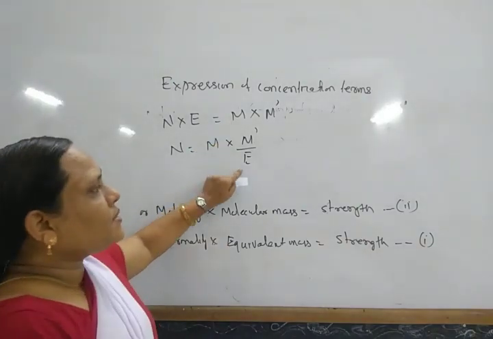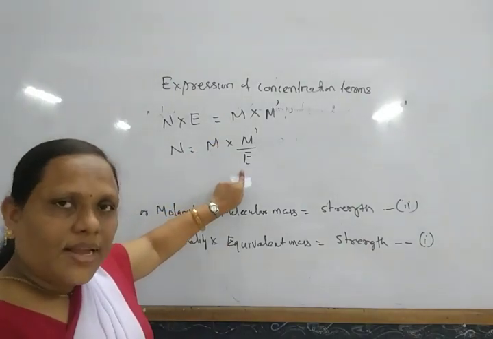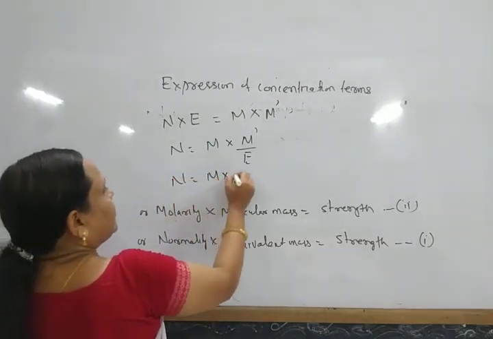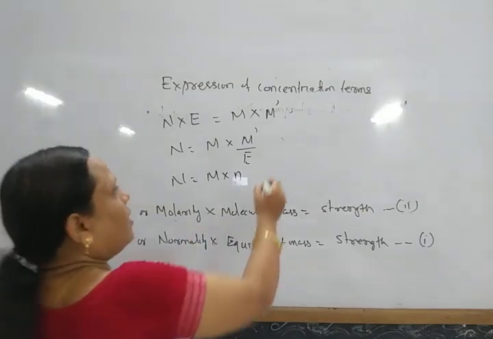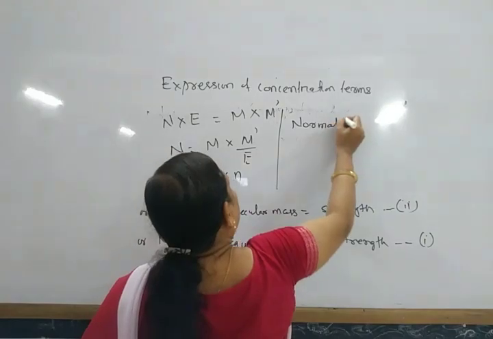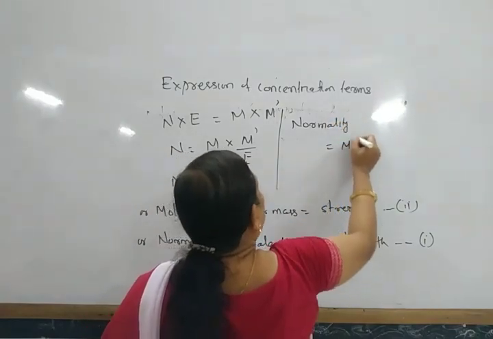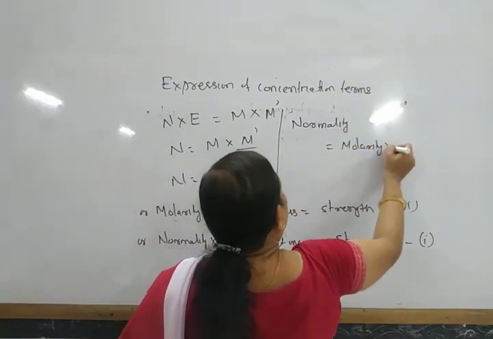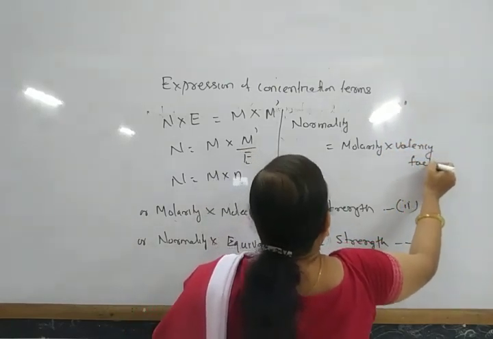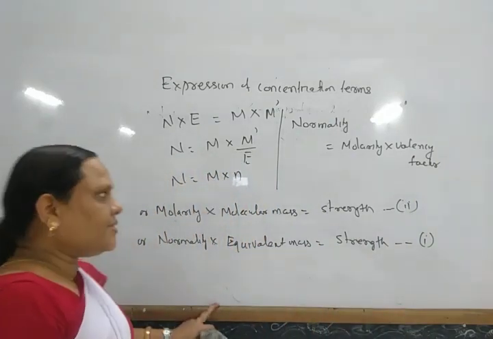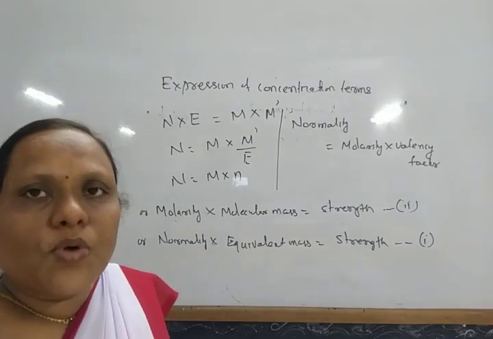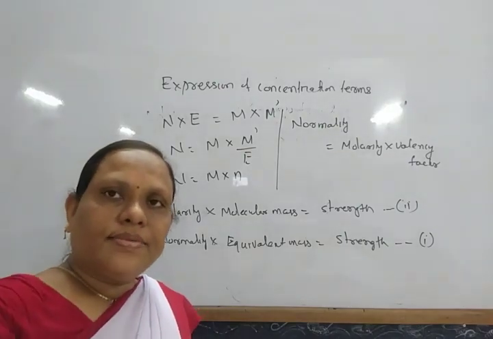Molecular mass by equivalent mass is known as the valency factor. So normality equals molarity into valency factor, or simply valency. This is the relationship between normality, molarity and strength.